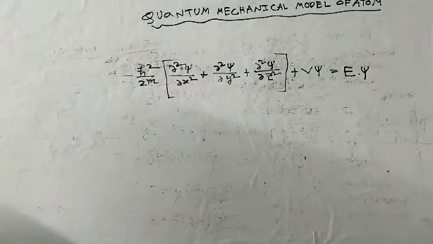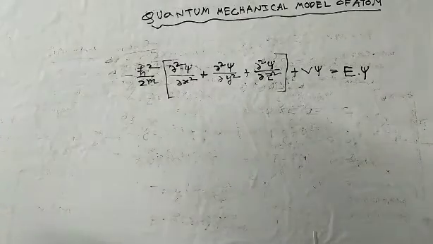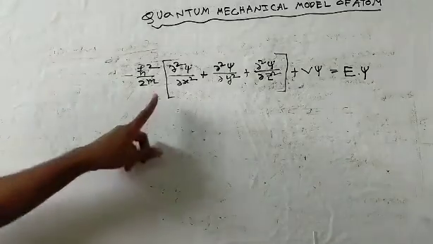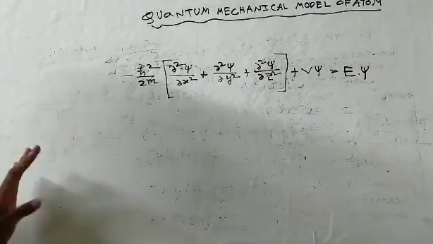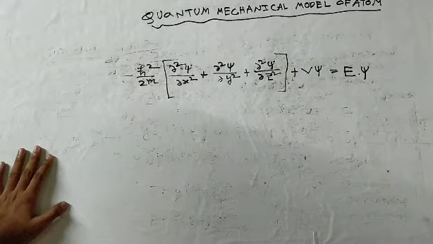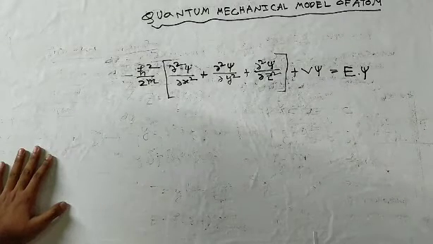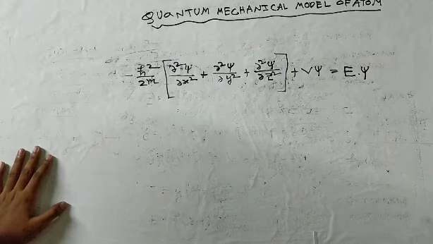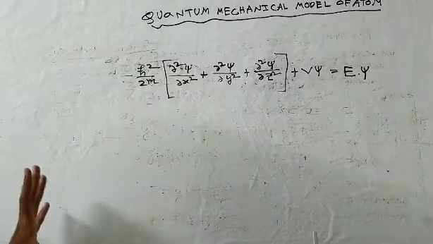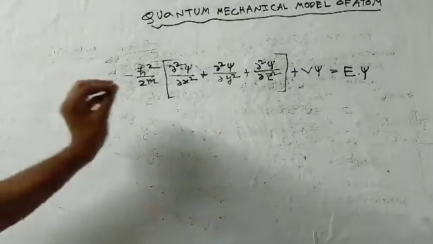Okay, so now if we look at this equation very carefully, what we are observing is a differentiation term, del square psi del x square. So that means some calculus term is present here, so this is a differential equation.